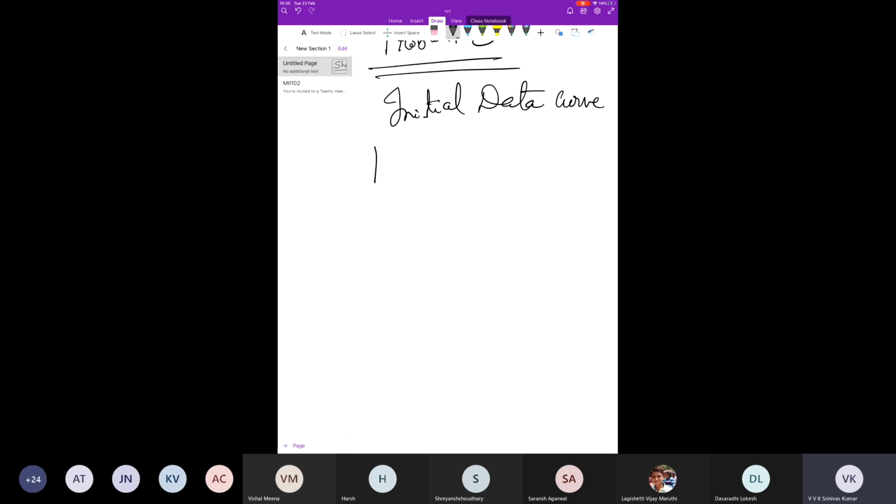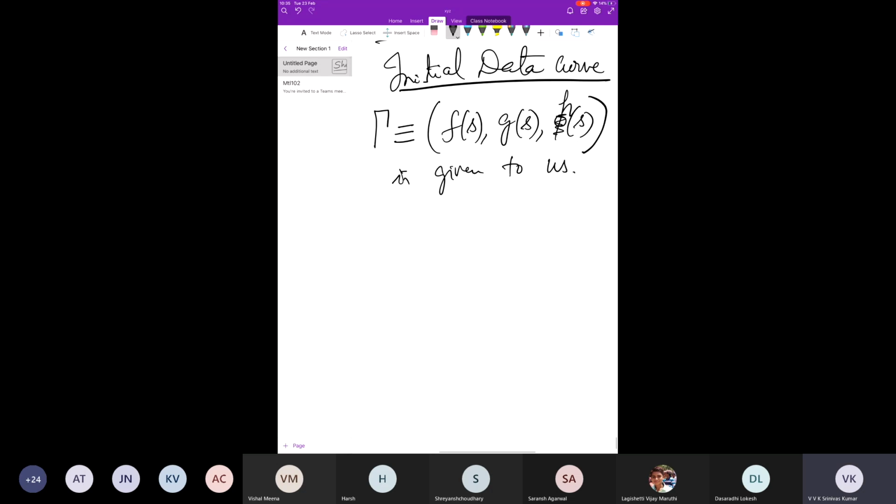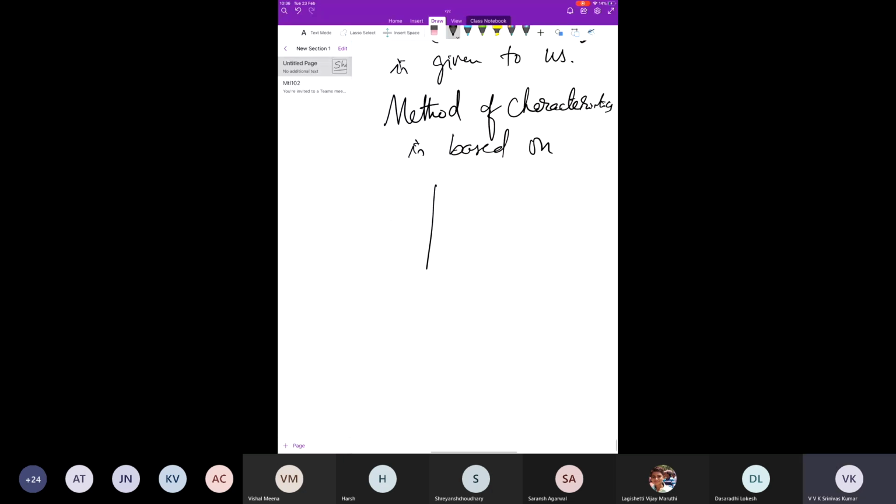The initial curve gamma is given to us, something like f of s, g of s, and h of s. What is the method of characteristics? How does it work?